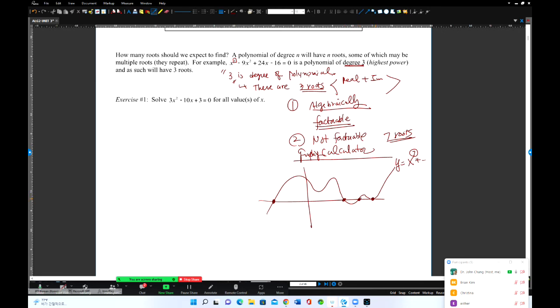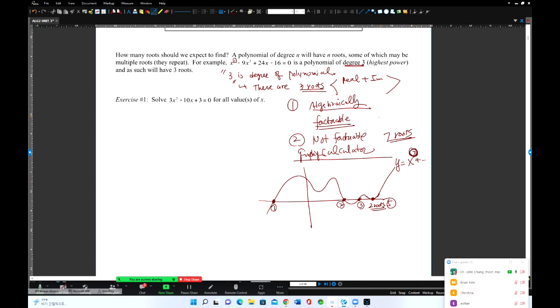This is a double root because it bounces, so we count 2 roots. So 1 root, 2 roots, 3 roots, 5 roots there. But this is a degree 7 polynomial. Where are the other 2? The other 2 are imaginary. We cannot see imaginary roots on the graph. But anyway, the total number of roots is 7, okay?